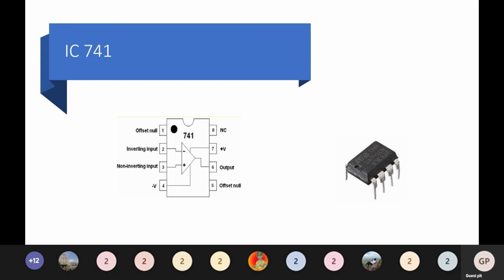You can see all these pins shown here: inverting input, non-inverting input, offset null, as I said, 1 and 5, and 7 and 4 are supply voltages, and 6 is the output, and on 1 pin we don't have any connection, right?